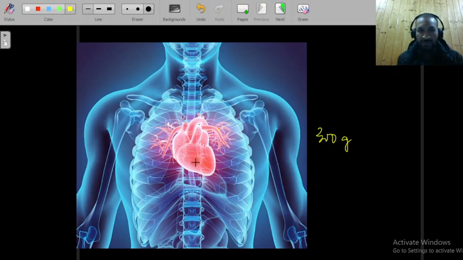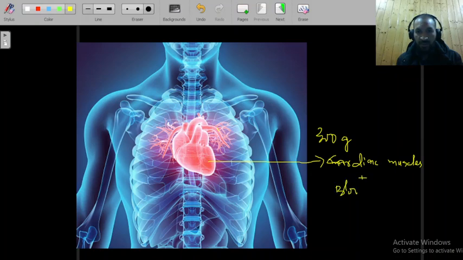So this seems like a pouch or a sac which is made up of muscles, and these muscles we call cardiac muscles. Plus, it's filled with blood, which is the fluid connective tissue.